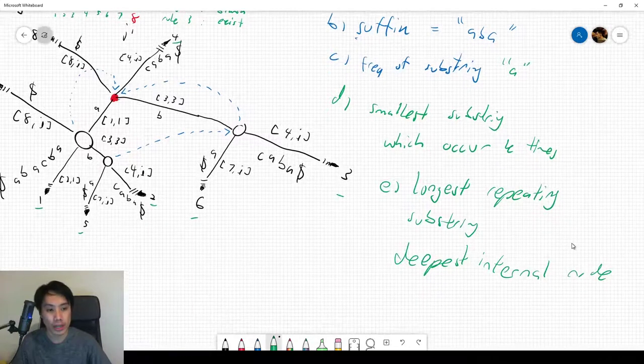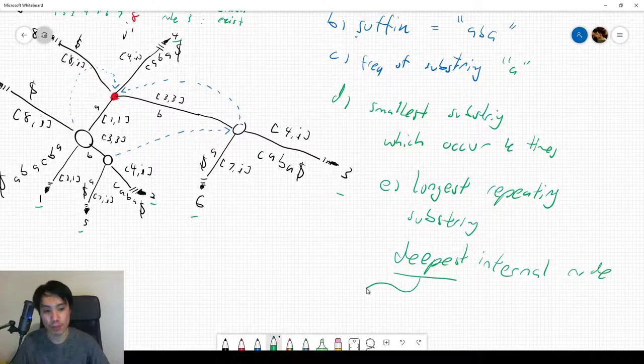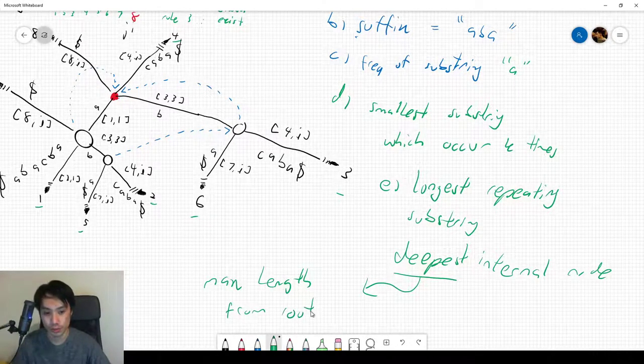What is the deepest? As what I've mentioned before, the maximum length from the root. Please do not write the number of edges from the root. Maximum number of edges is wrong. In a past exam question, half of the Malaysian class got it wrong because they explained it as the number of edges, but 80% of the Australian campus explained it as the number of edges, which is even worse.